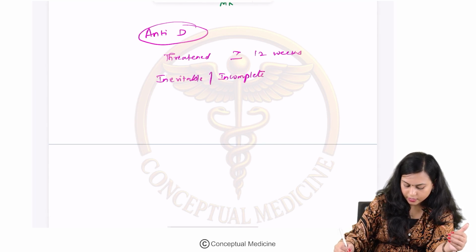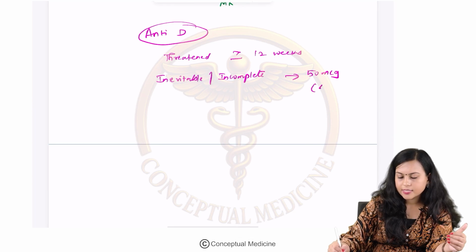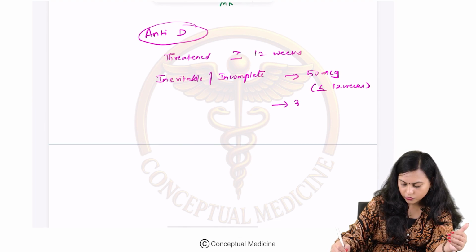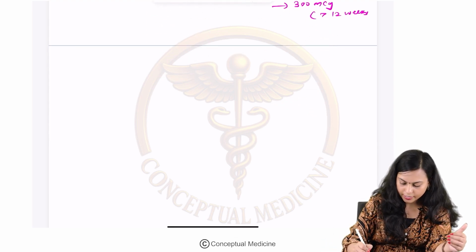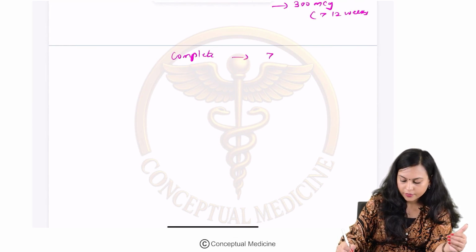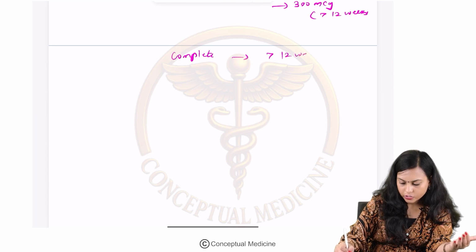this can be given at a dose of 50 microgram when she is less than or equal to 12 weeks, and at a dose of 300 microgram when it is more than 12 weeks of gestational age. If it is a complete miscarriage, you can give the complete dose, that is 300 microgram, when she has expelled above 12 weeks.